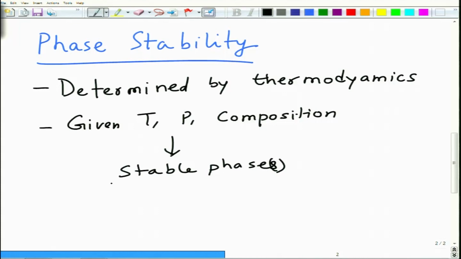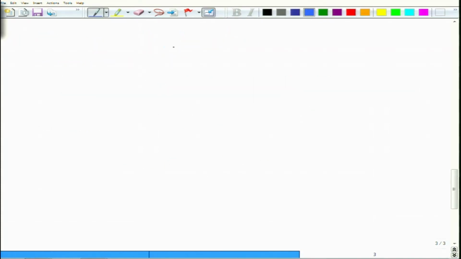This is what phase equilibria is. So let us first define the term called free energy.